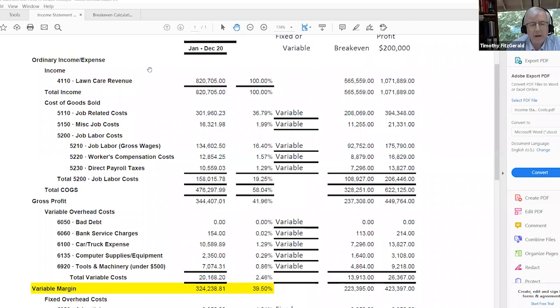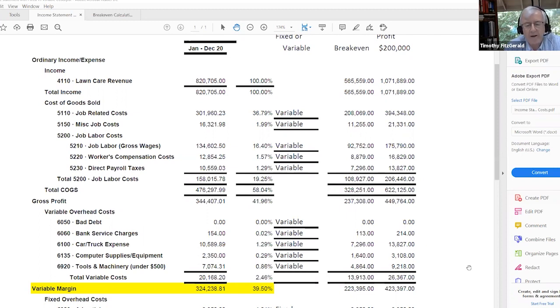One of the issues is volume ranges. And if you are in a business, and I'm going to share the screen again. So if you're in this business and you're doing 820,000 in revenue, and if you are completely at capacity, then this calculation is wrong.